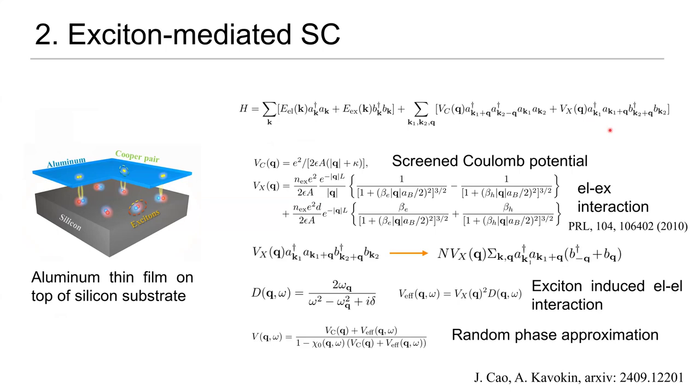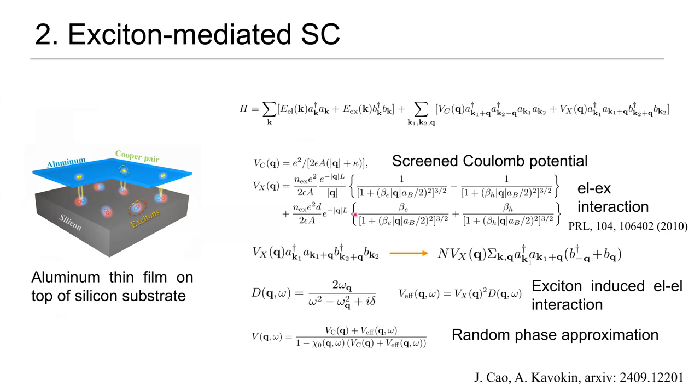Here Vx is the potential for the electron and the exciton, and you see these parameters can be tuned to balance the participation of the electron and hole. We can propose that the hole mass, beta h, can be infinite. It means that the hole mass is much larger than the electron mass, indicating that the electron can be scattered more easily than the hole in this case.